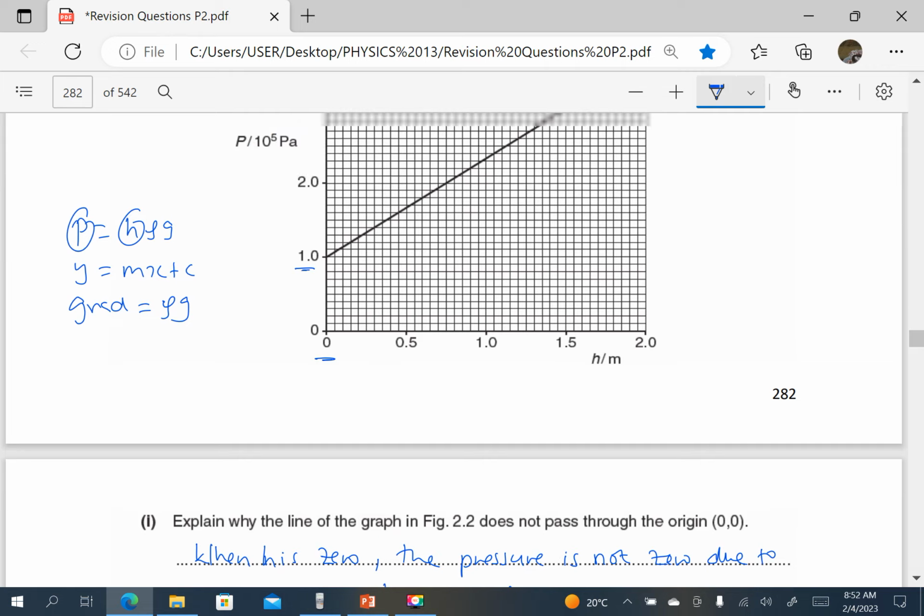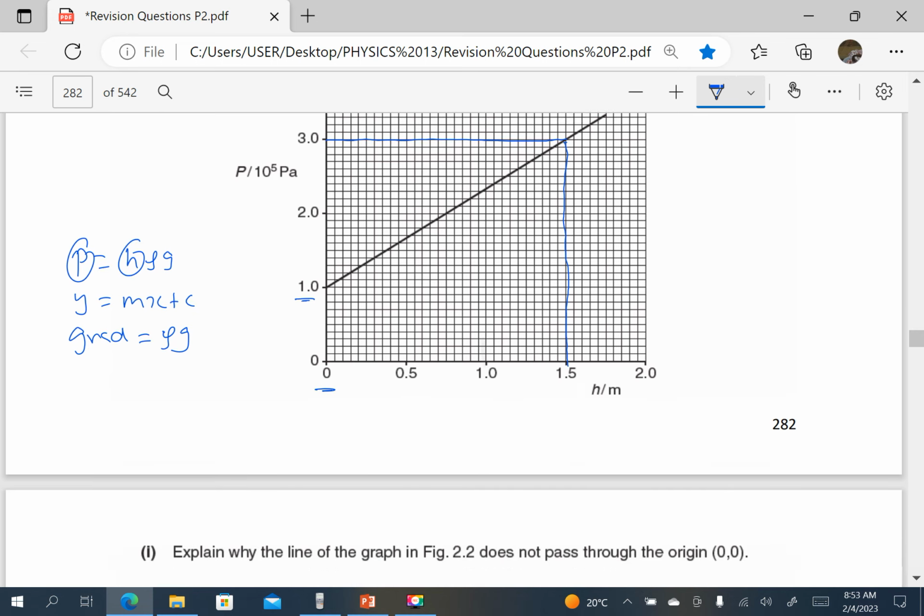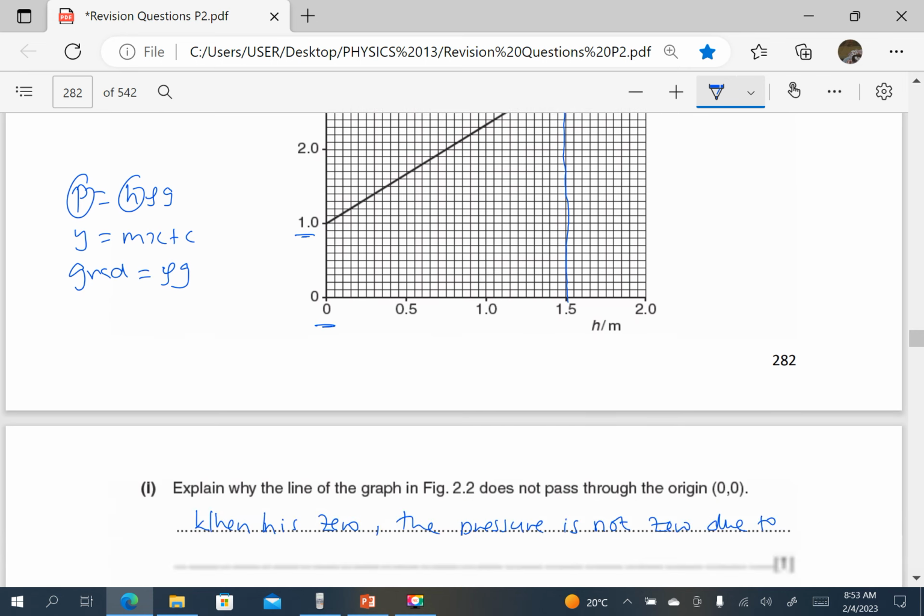On the vertical axis, I will take the gradient, let me see, 3. Okay, 3 is fine. And 1.5? Yes. So I'll take the gradient as 3 minus 1.